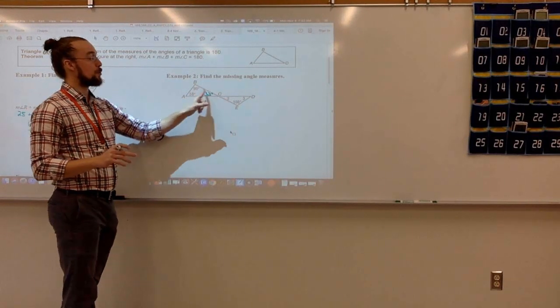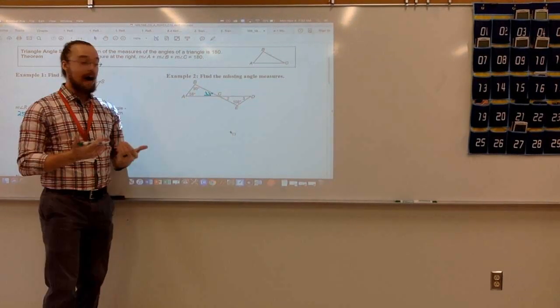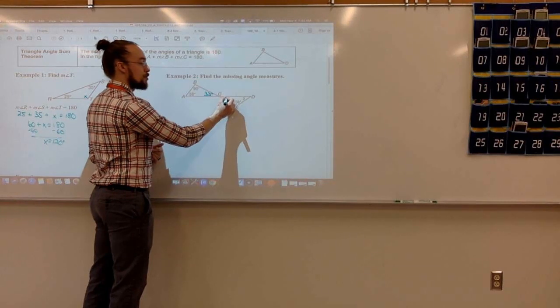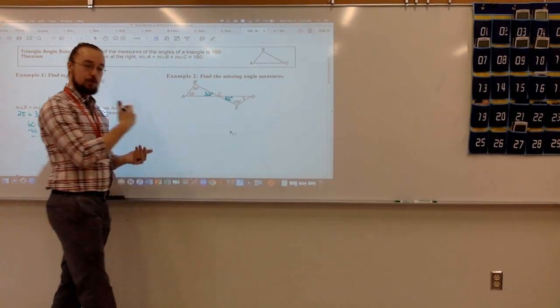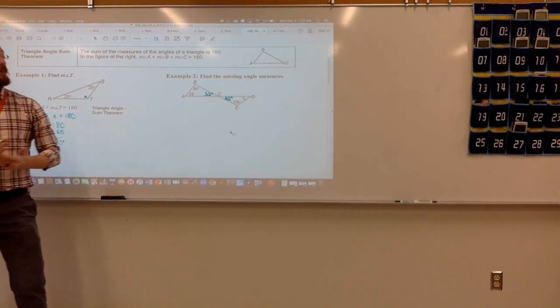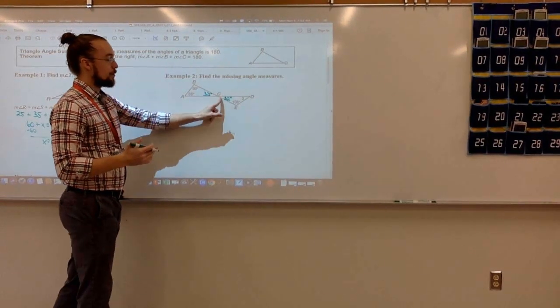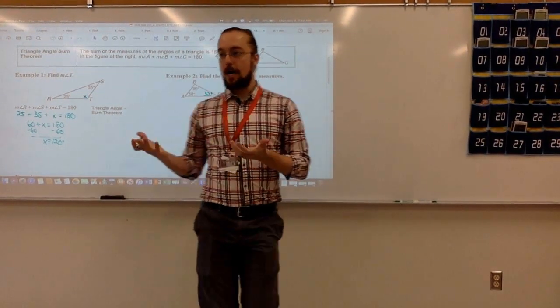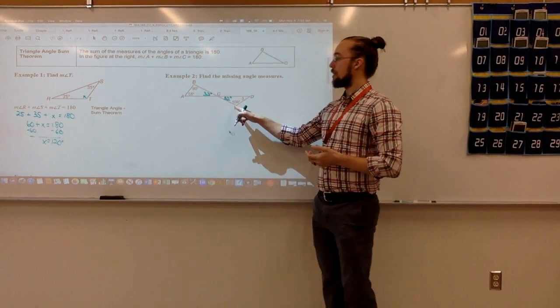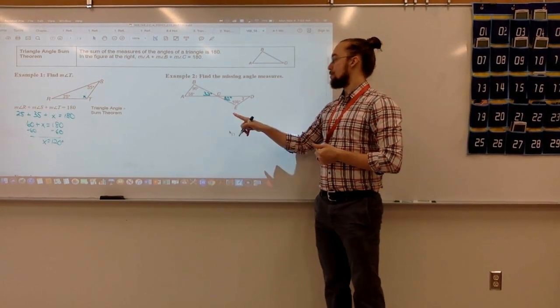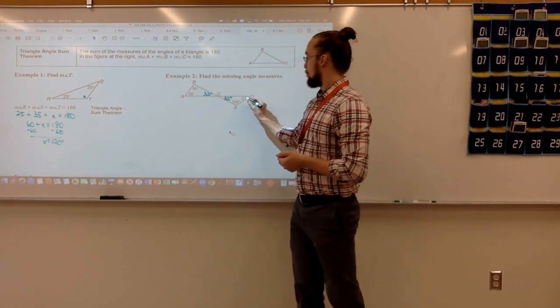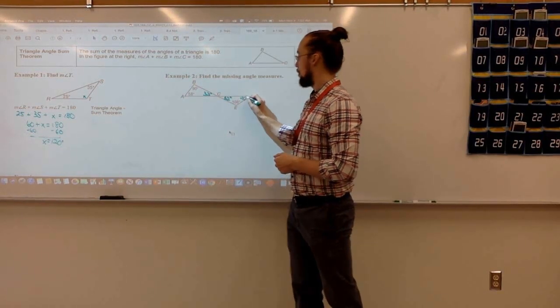Yeah. So these two we know for sure have to be the same. So angle 2 would also be 32 degrees. Then I know that these three angles will have to add to 180. So I can take 180 minus 108 minus 32 and get that this one would be 40.